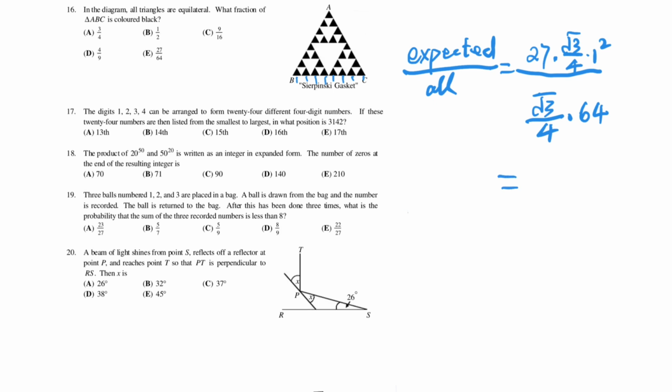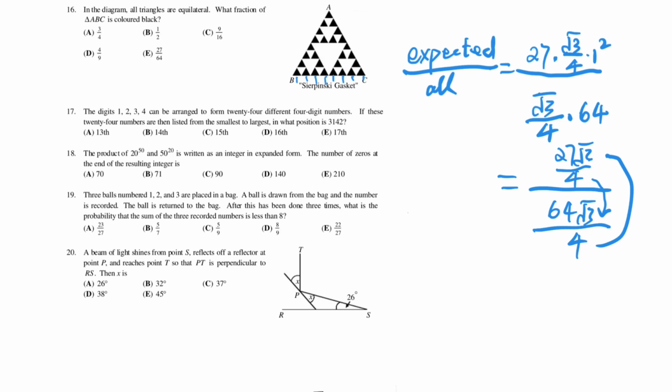That's the numerator, 27 root 3 over 4. Denominator, that's 64 root 3 over 4. Numerator and denominator, both times 4. Or we use the tower fraction.